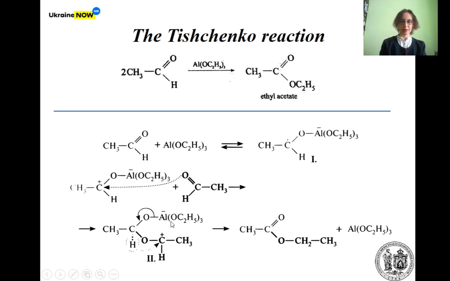And then after the release of aluminium ethylate, this hydrogen is transferred to the carbon with positive charge and ethyl acetate is formed. Similarly, if we take propionic aldehyde, propyl propionate will be formed. With butyric aldehyde, butyl butanoate will be formed.